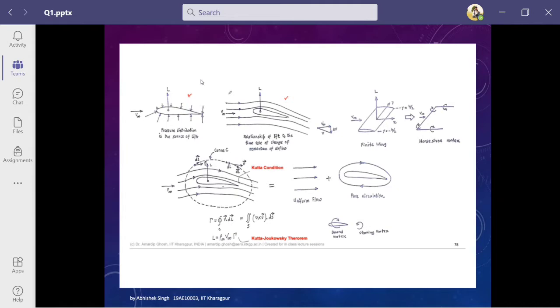So now we will discuss the generation of lift using cylinders. The first thing that comes to our mind is why we are discussing this using cylinders. Basically, in earlier times, during wars, there was a great need for aircraft so that we could use them as a means of combat.